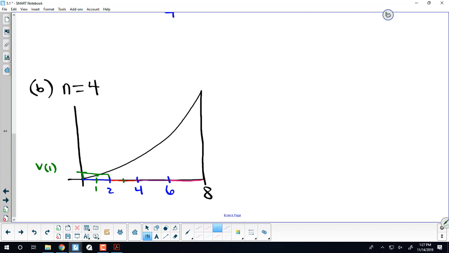From 2 to 4, we're going to use 3 in the function to get the height of that rectangle. Then 5 for the height of the third rectangle, and then 7.